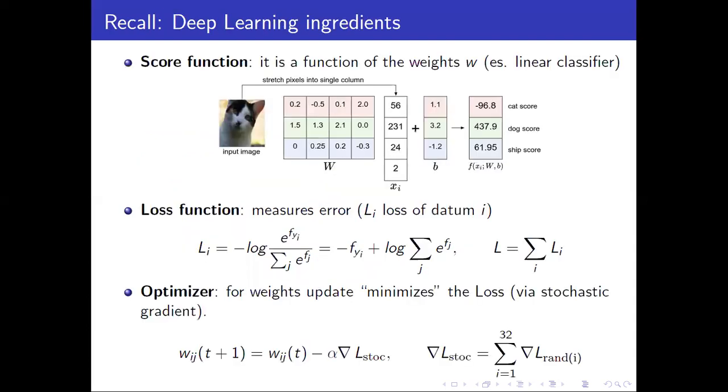All right. So let me very quickly remind you what we're talking about. In deep learning, we have a score function, we have a loss function, we have an optimizer, stochastic gradient descent, whatever, right? In geometric deep learning, it is the same. We have a score, we have a loss, we have an optimizer, and we do an optimization, okay? Same idea through epochs, learning rate, and so on. What is the difference? The very important difference is that you have graphs. So your data is organized in a graph.